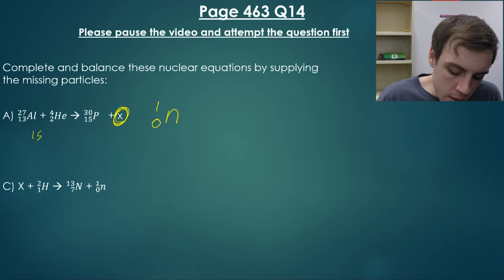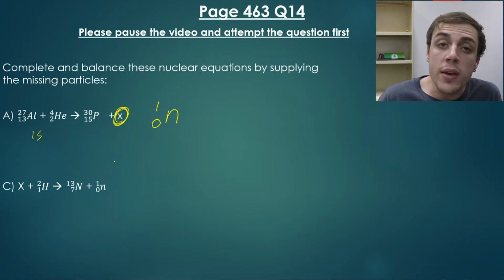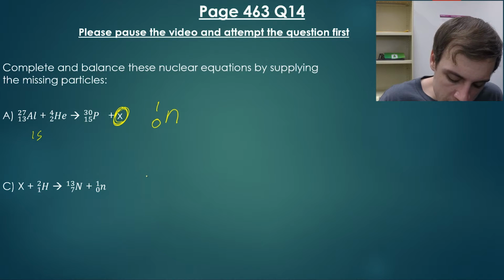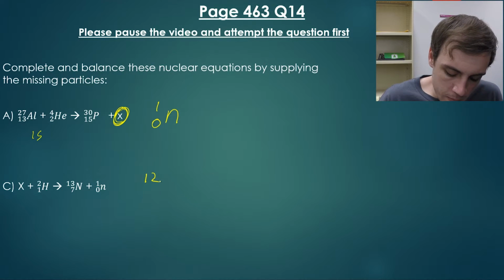Now, the next one is, again, the exact same deal. So we have nitrogen here. And what we need to do is make everything balance out. So we have 13 plus 1 is 14. So our X must have something plus 2 that will give 14. So that must be 12.